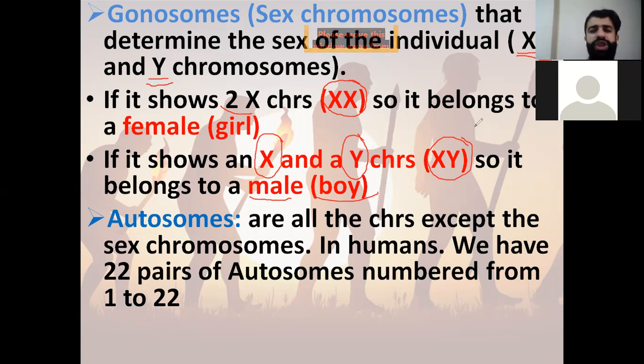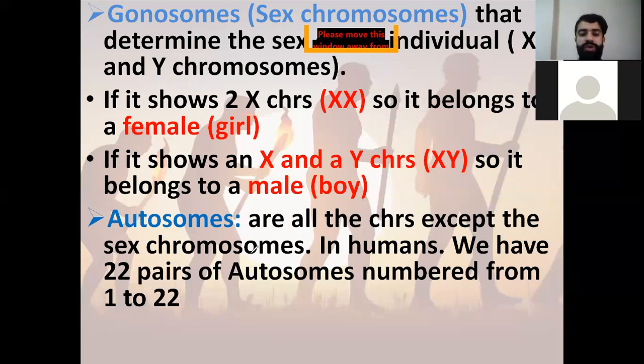Whenever we see the Y, it's a male. Even if we have XXY, and we're going to talk about this case, whenever we have the Y, it's for a male. This is the first type, called the gonosomes or the sex chromosomes.